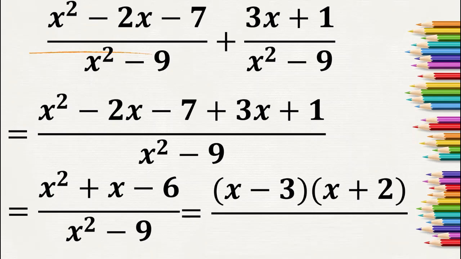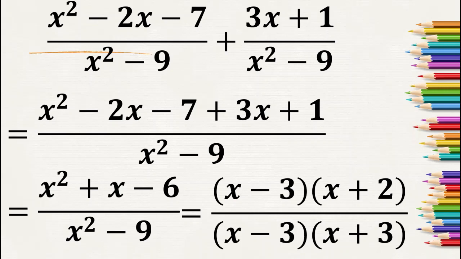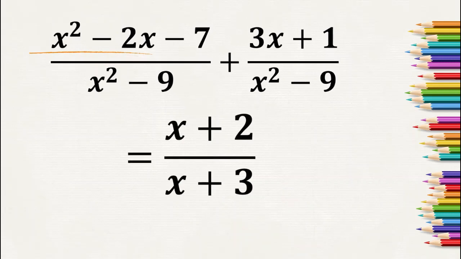One is negative, one is positive. And then, simplify the prime factors. So we will cancel x minus 3 and then get the remaining factors. So we have x plus 2 all over x plus 3. Therefore, the sum of x squared minus 2x minus 7 all over x squared minus 9 and 3x plus 1 all over x squared minus 9 is x plus 2 over x plus 3.